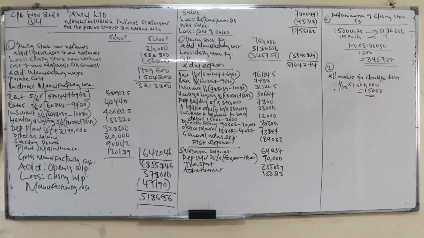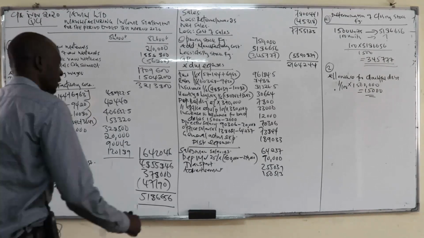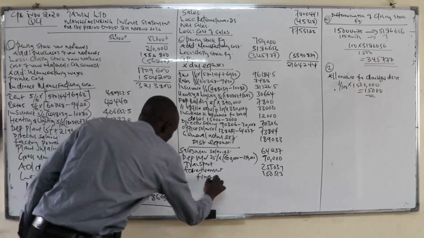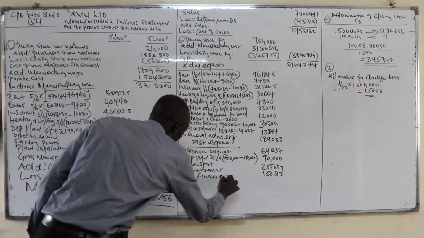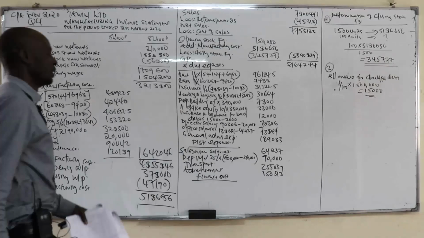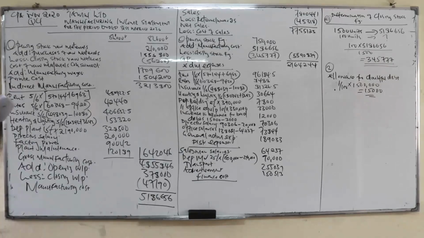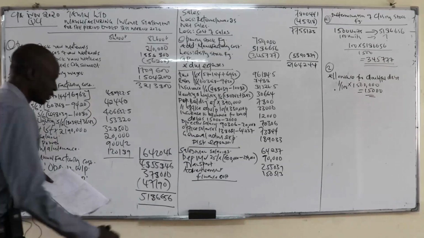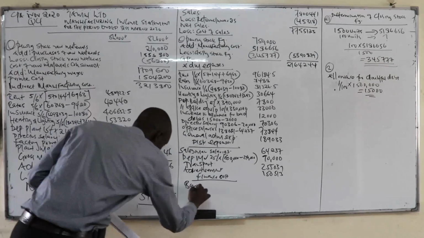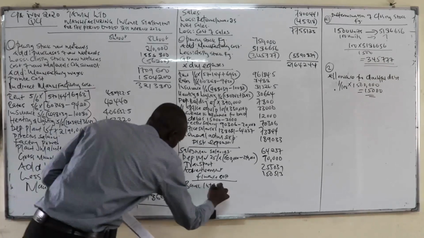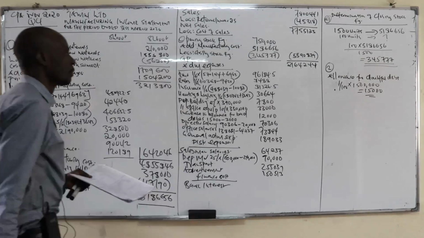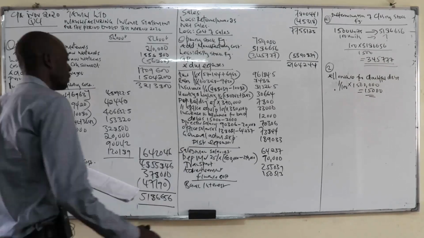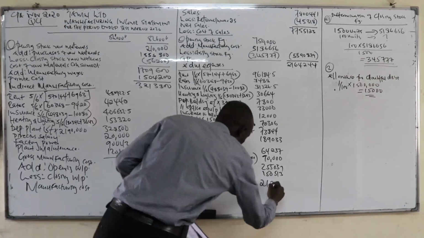And then here we list finance expenses. Finance costs or expenses. Finance expenses kuna gani? Kuna bank interest. Bank interest ni ngapi? 21,210.